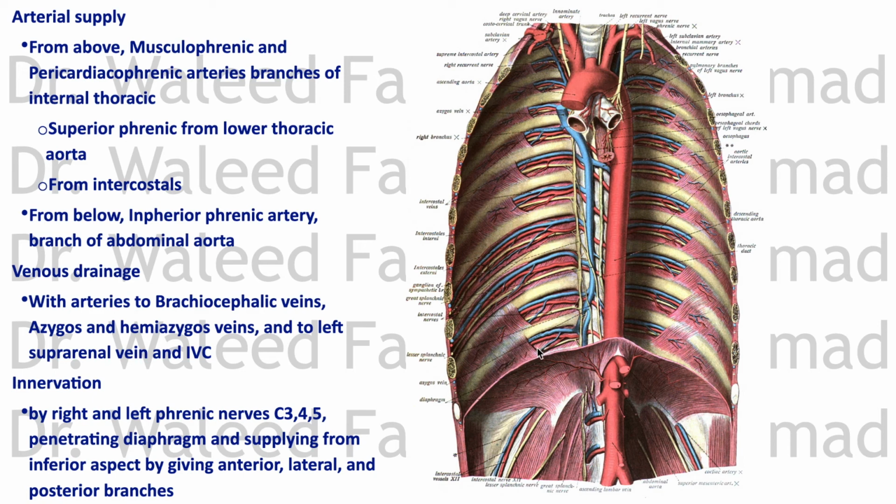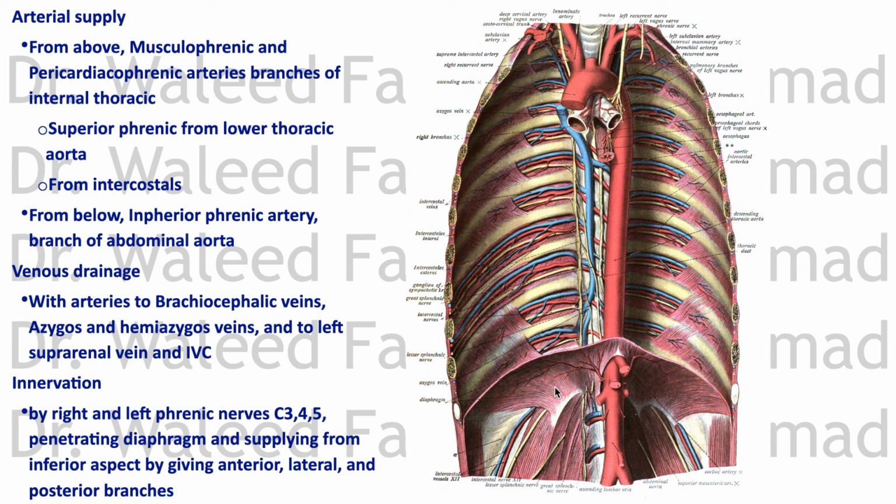Like usual, the veins follow the arteries. The motor supply is by the phrenic nerve. The right phrenic nerve passes through the vena cava opening, and the left phrenic nerve pierces the diaphragm, but both of them supply the diaphragm from the undersurface.